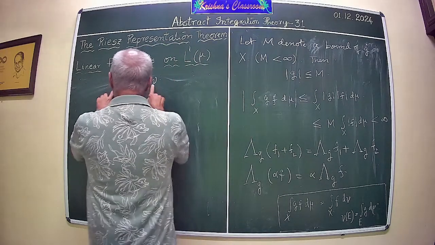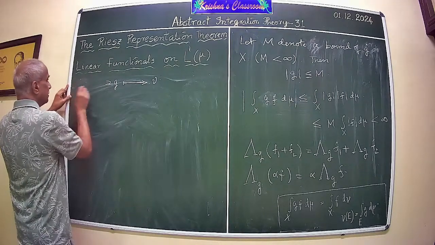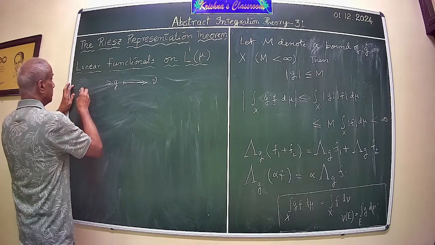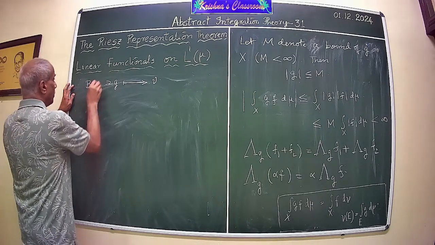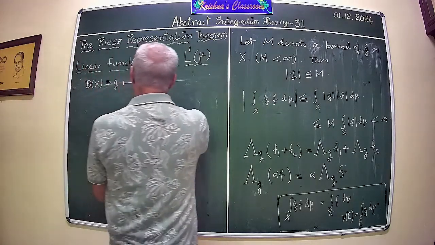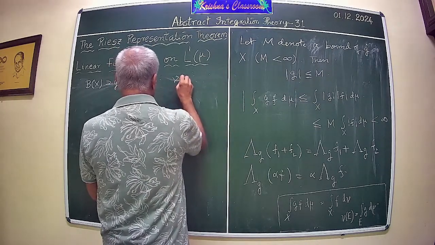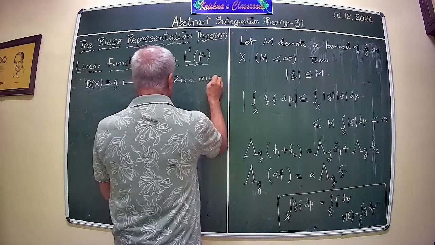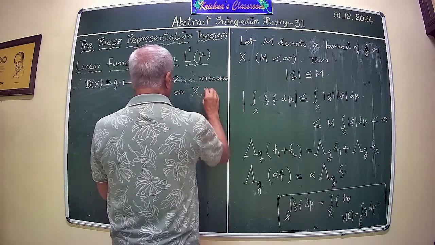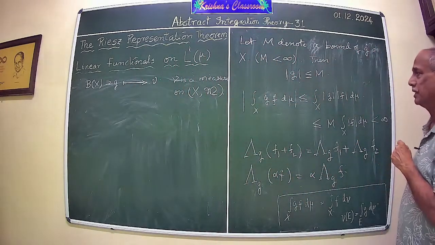So each G belonging to the bounded measurable functions on X has an associated measure, a new measure on the measurable sets.